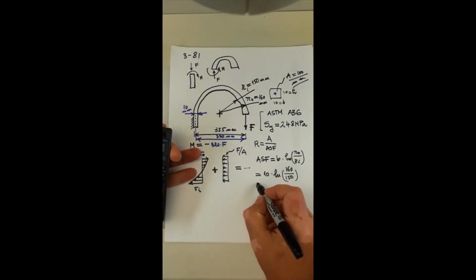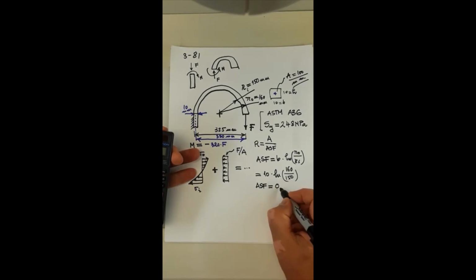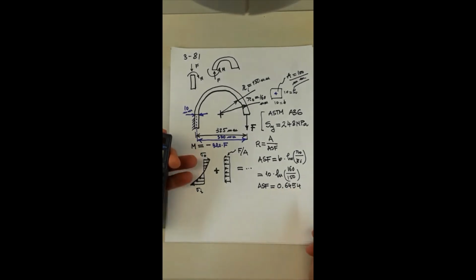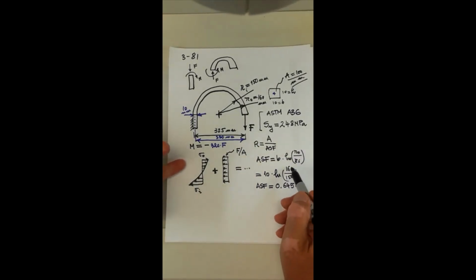So area shape factor, it's 0.6453854. And it's unitless. No, I'm sorry, it's not unitless. It has units of length, so units of millimeter.